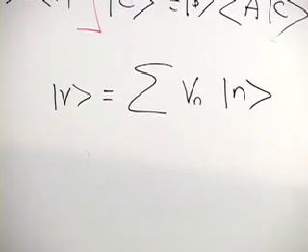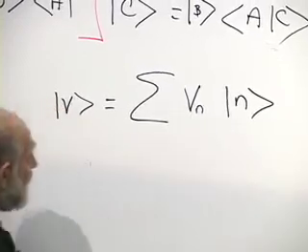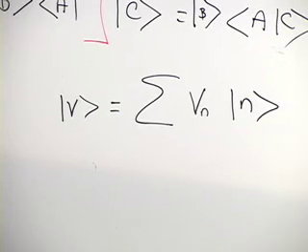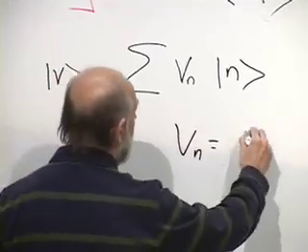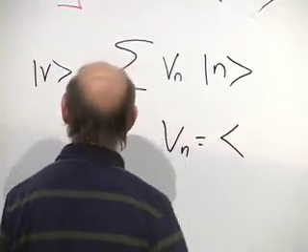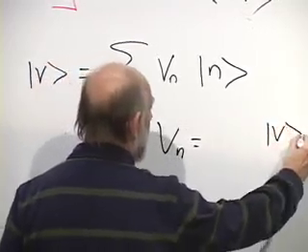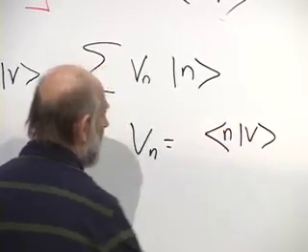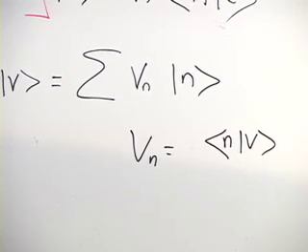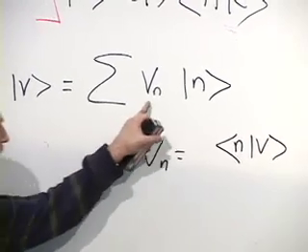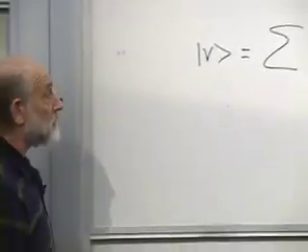It's good for writing any vector as a sum of the basis vectors. What are these coefficients v sub n? The coefficients v sub n are equal to the inner products of v with the basis vector n. The coefficients themselves are nothing but the inner product of the vector that you're expanding with the basis vectors themselves.